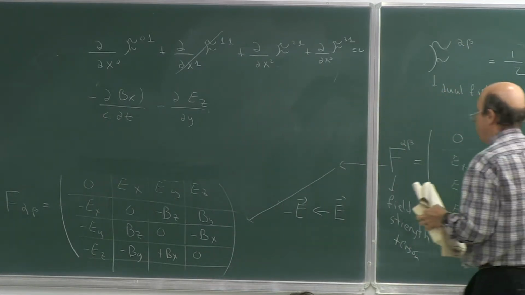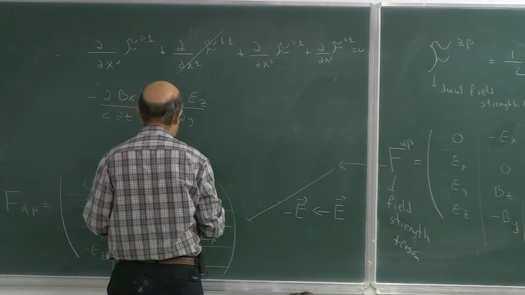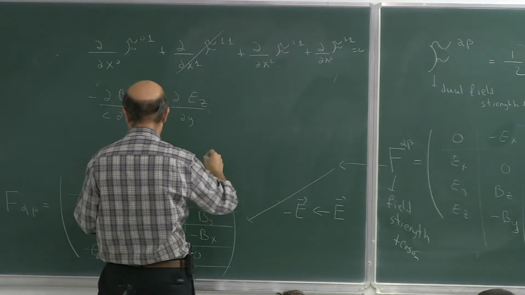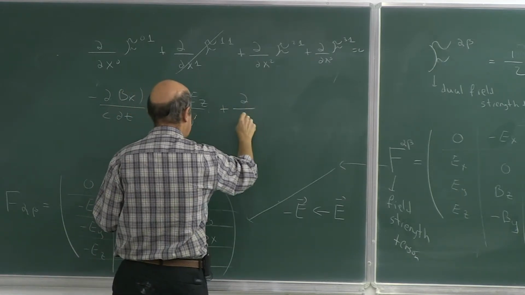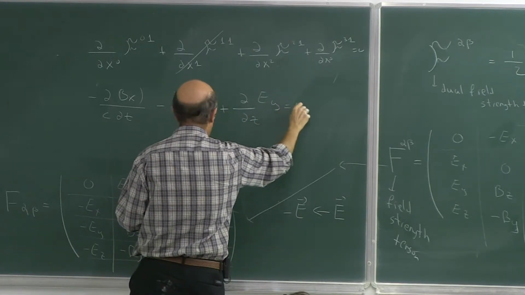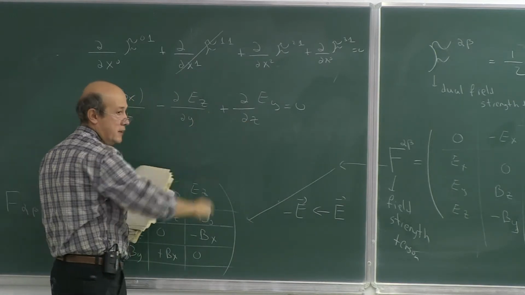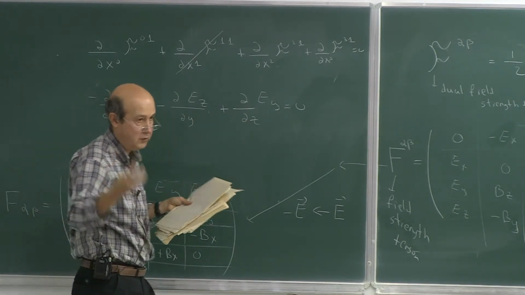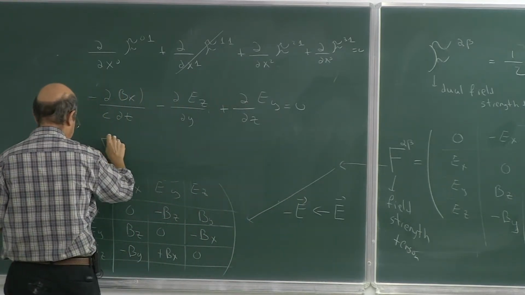Ey. What is del over del x3? Del over del z. So you will obtain del over del z of Ey. Actually, what is this? Of curl, yes.